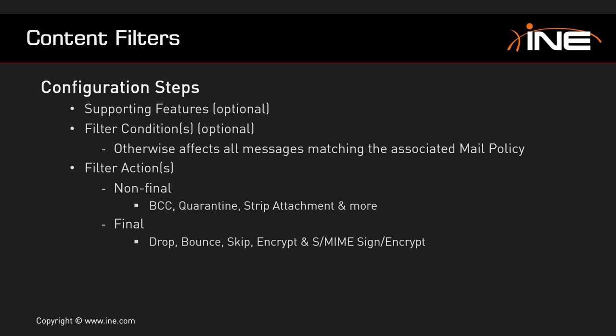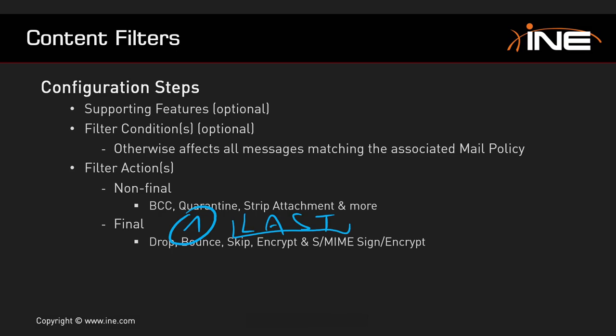Or an action can be final, like when you drop, bounce, skip further checks, do encryption, or signing with the S/MIME feature. So the thing is that you can have just one final action inside a content filter, and this action is supposed to be configured as the last action, because whenever a final action is taken, no other actions are evaluated, no other actions are applied.